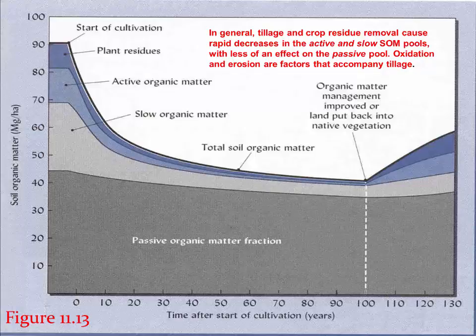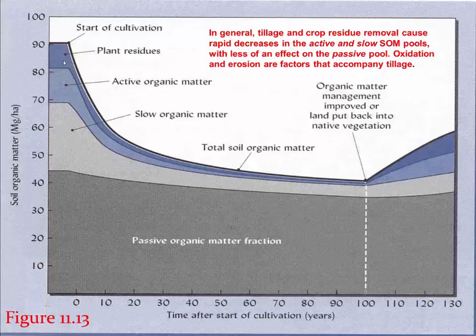So if we had an equilibrium level up here, with a certain amount of live tissue, active organic matter, slow, and passive, and then we started cultivating, we start to break aggregates open and accelerate the decomposition.